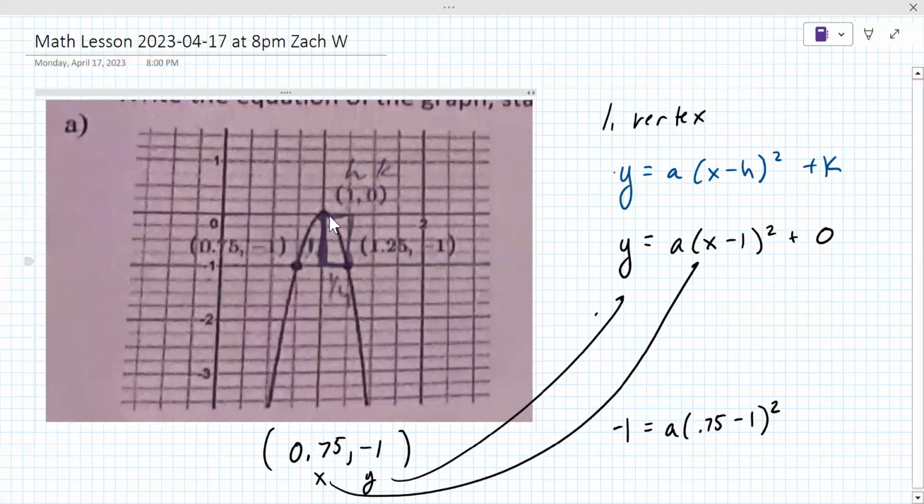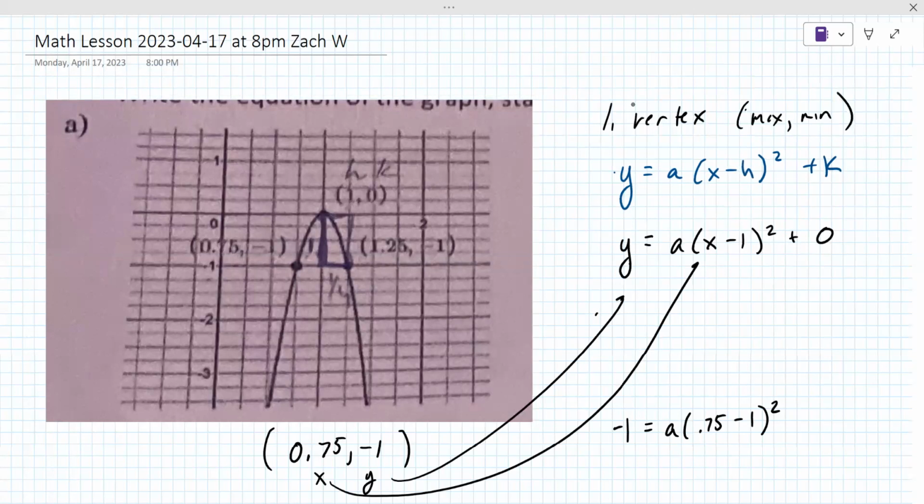The vertex is either the max or the min. Okay, max or min. And then to get x and y, I'm just grabbing another ordered pair, and it could be any ordered pair. Yes, although maybe there are ones that are better than others, I guess.